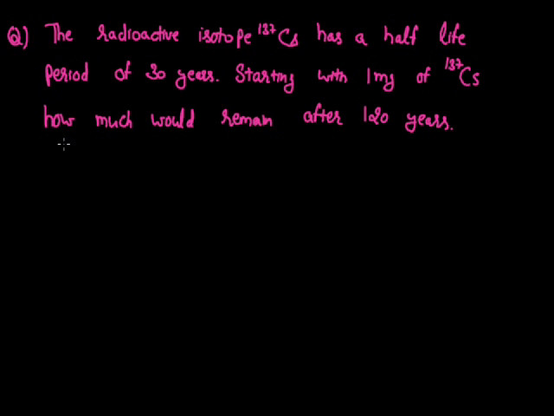Now here again they have provided us the half-life period of this radioactive isotope of cesium, and this value is equal to 30 years. With the help of this value, we are to find out, within a time period of 120 years, what will be the remaining amount of this radioactive isotope if I start with an initial amount of 1 milligram.